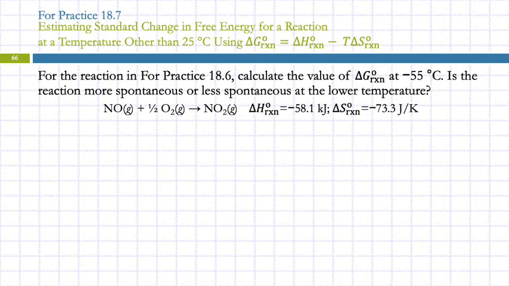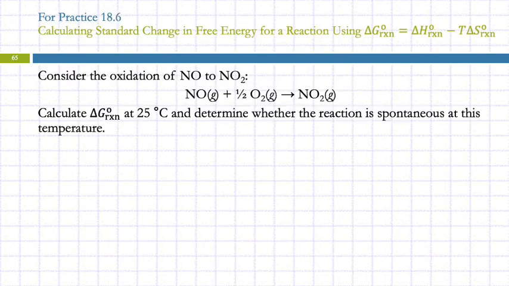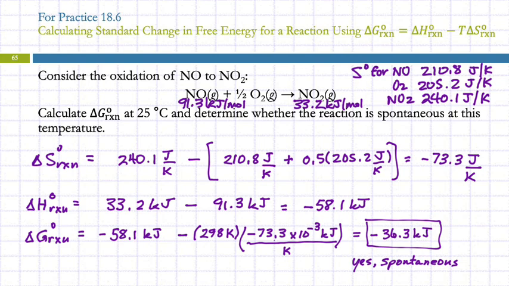So this one is estimating standard free energy change at a temperature other than 25 degrees Celsius. So let's see if I can do this. I need some of these numbers. Write them on the board.